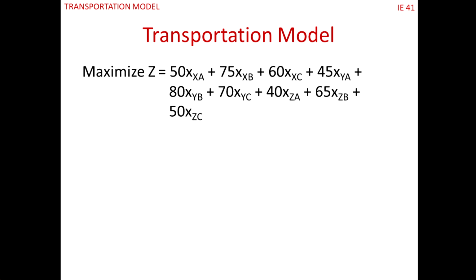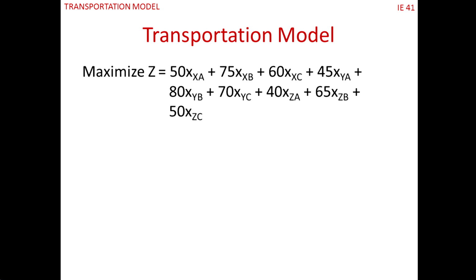Maximize Z is equal to 50xxa plus 75xxb plus 60xxc plus 45xya plus 80xyb plus 70xyc plus 40xza plus 65xzb plus 50xzc. The transportation simplex can only be applied to minimization problems. We first transform our problem to a minimization problem by negating the contribution of each decision variable to the objective function value and treating them as negative costs.